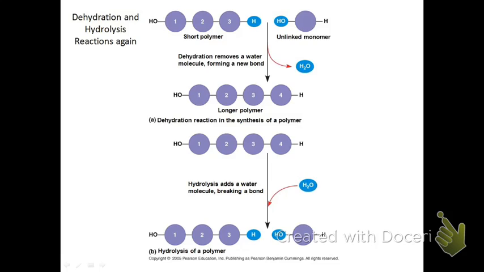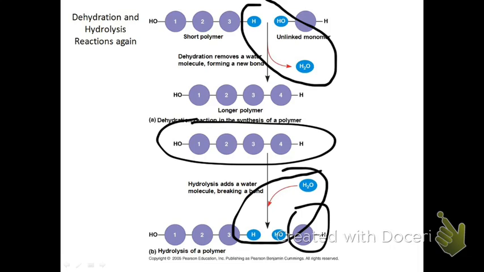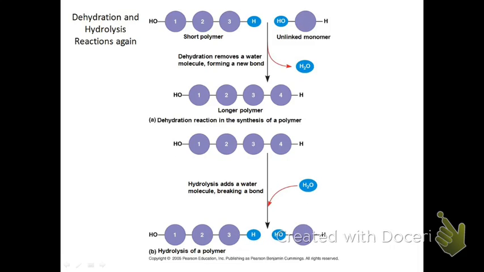So if you look where it's got the 1, 2, 3, and 4, here we're looking at a polypeptide that has been put together because of the dehydration reaction. Now if we want to break that bond, all we have to do is put our water back in. It breaks the bonds apart to go back to individual monomers.